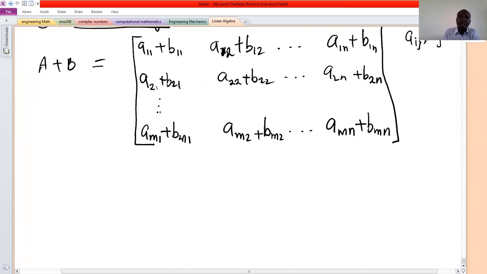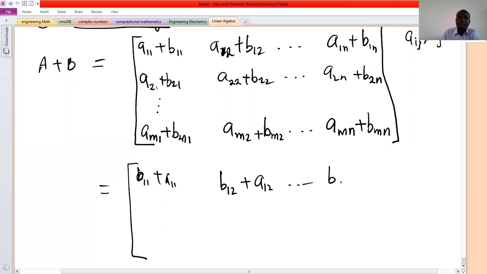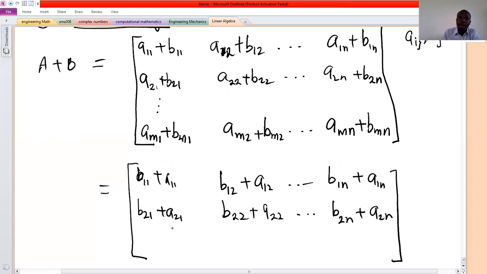So because real numbers are commutative, or we can commute real numbers, this sum can be written as B11 plus A11, B12 plus A12, B1n plus A1n, B21 plus A21, B22 plus A22, up to B2n plus A2n, and then this one will be Bm1 plus Am1, Bm2 plus Am2, all the way up to Bmn plus Amn.